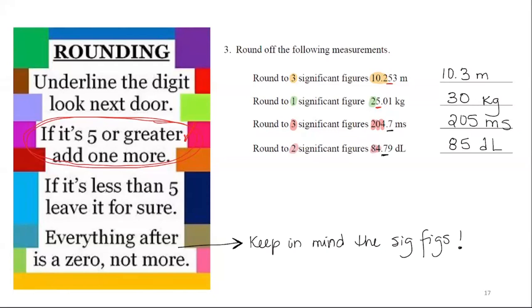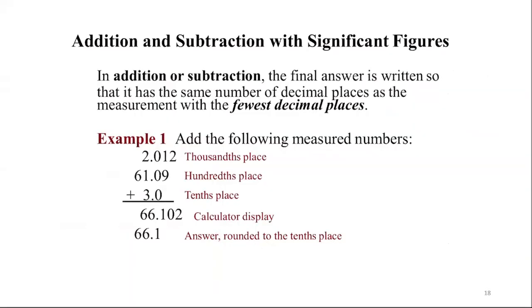That takes us to the concept of, when I have a measurement but have to do mathematical operations on it, how do I deal with those numbers? Well, we need to set rules for addition and subtraction, and we need to set rules for multiplication and division. Let's start with the addition and subtraction.